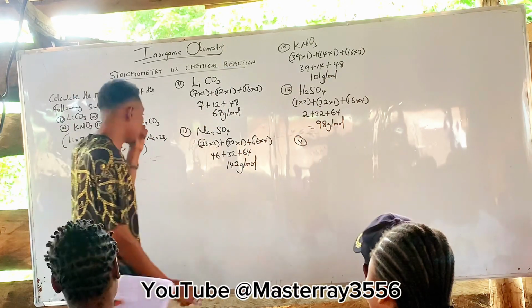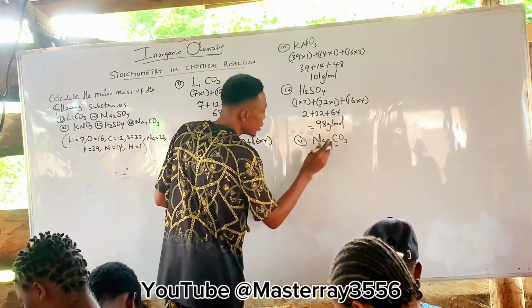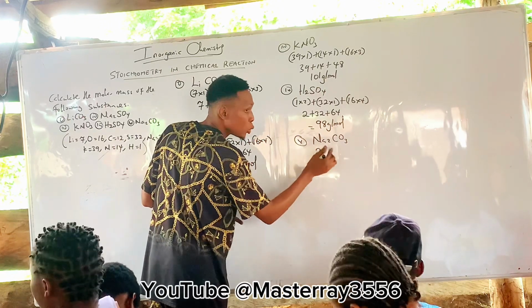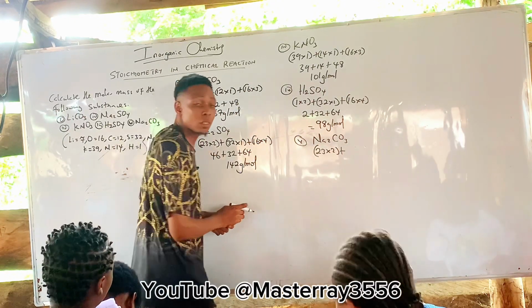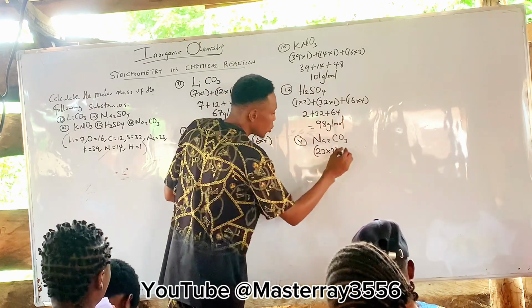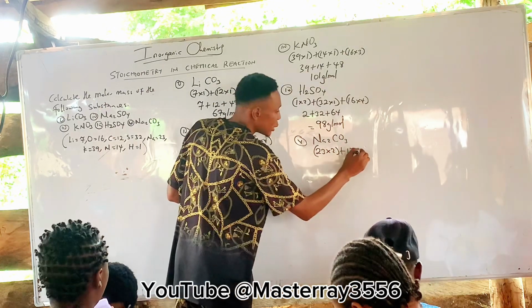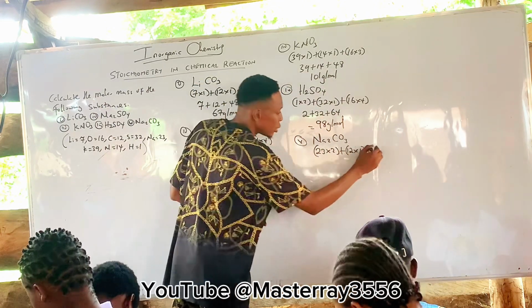So let's take the last one. We are given Na2CO3. Sodium is 23. How many atoms of sodium? 2. Carbon is 12, with 1 atom. Then plus oxygen is 16.